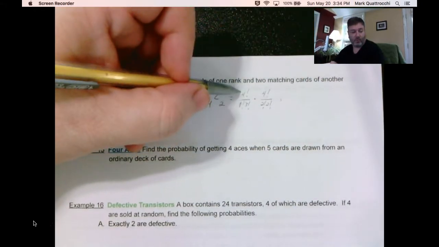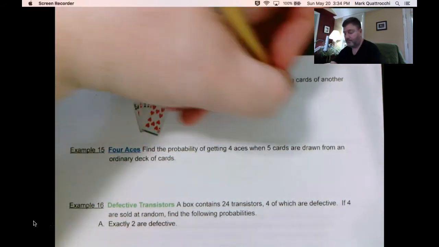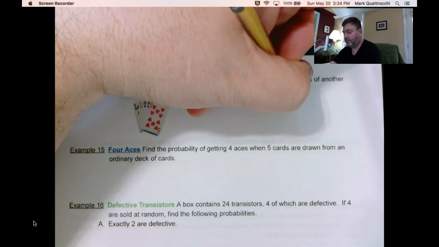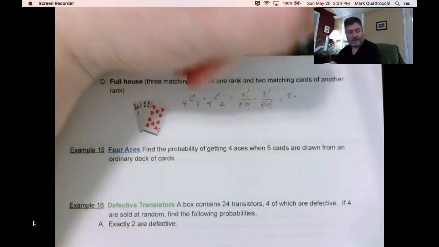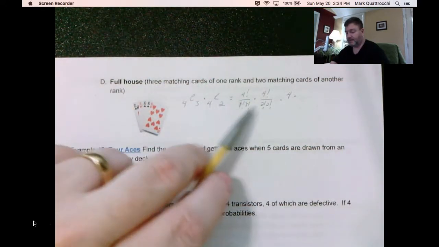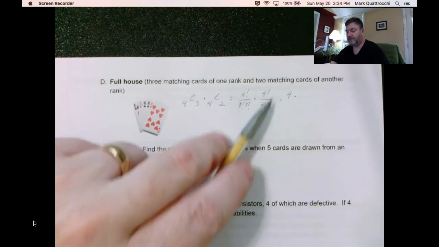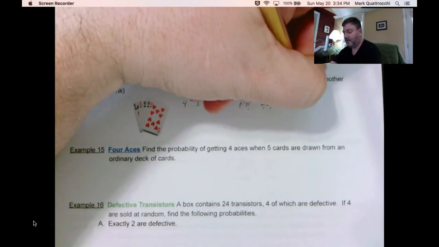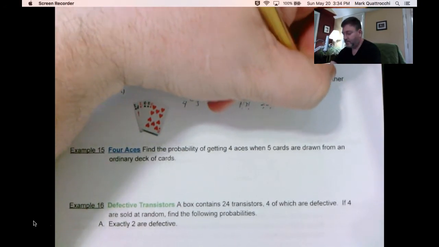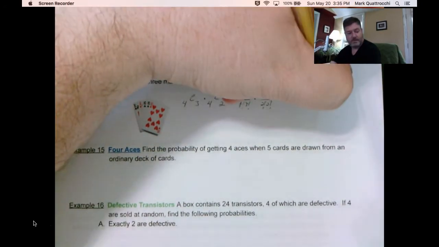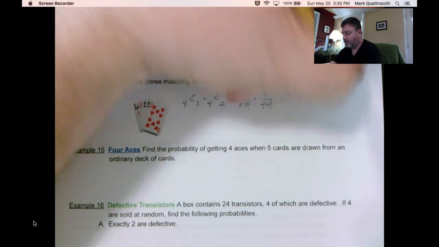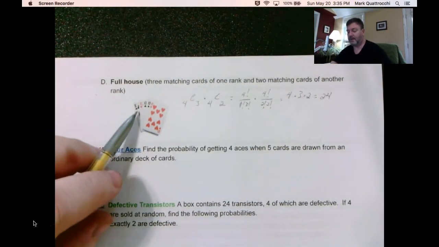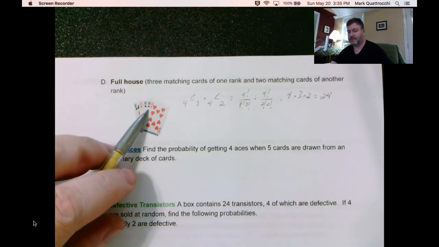This is 4, times, if I reduce here and here, this is going to give me 3 times 2, or 24 possible ways of getting the kings with the tens.